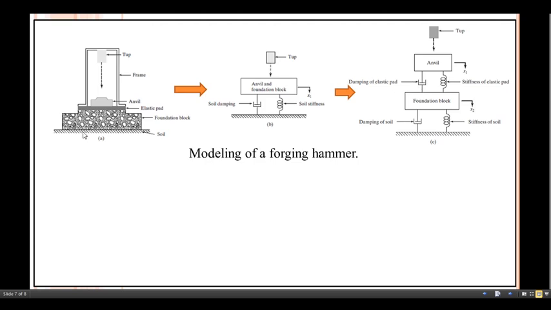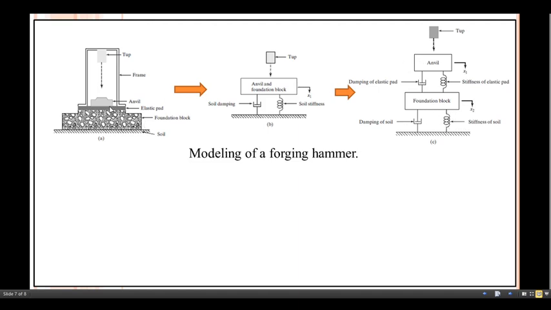At the same time, this foundation block is mounted on soil; below this foundation block a soil is there. So damping provided by that soil we can show with this damper, and from another side, whatever stiffness is possessed by that soil, we can show with this spring. Stiffness of the soil can be indicated with this spring.